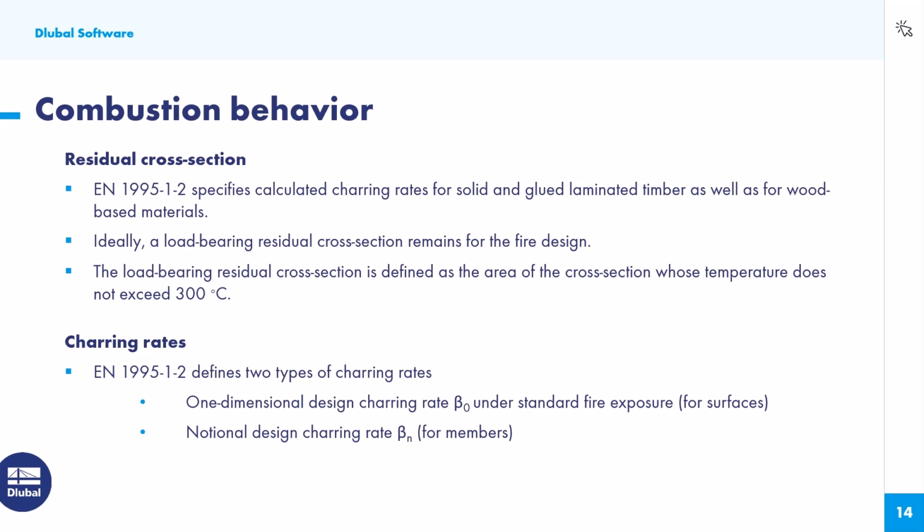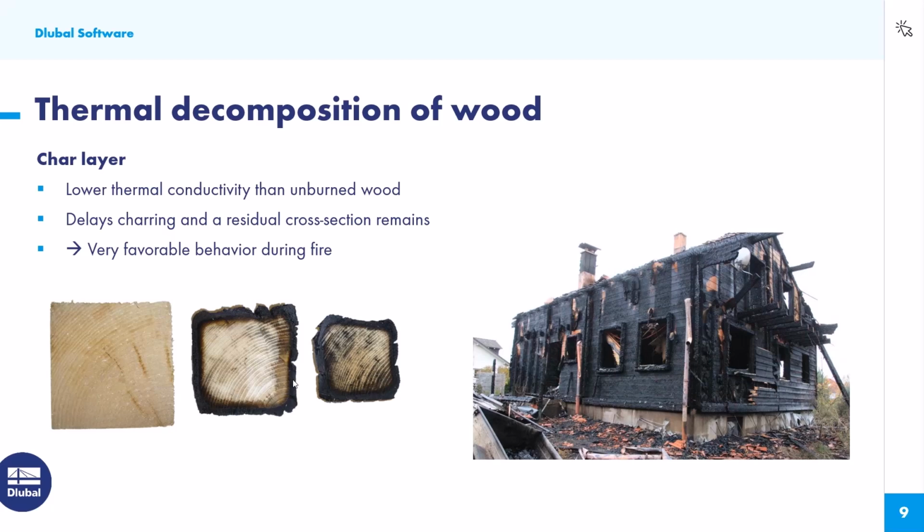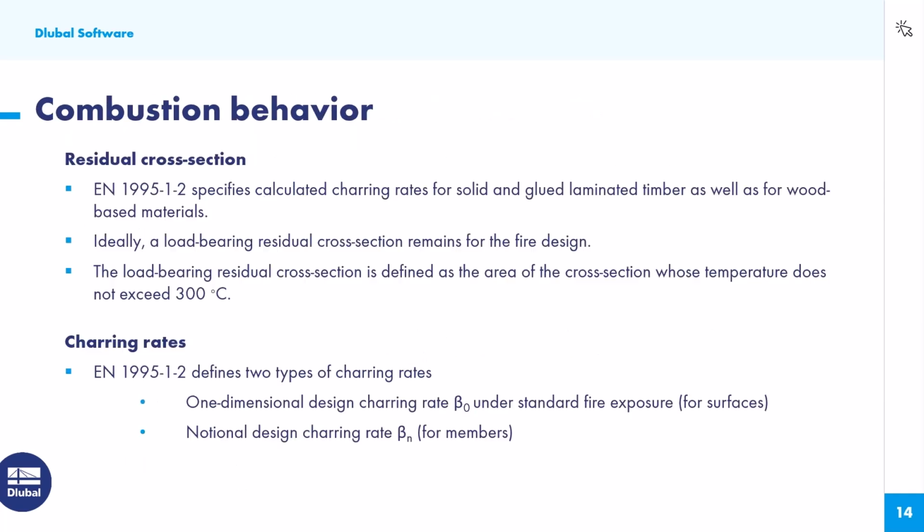Let's have a look at this residual cross-section. When we check this picture again, we see the residual cross-section, but the question is only how we get this effective cross-section. And Eurocode 5 fortunately provides us charring rates for timber materials.